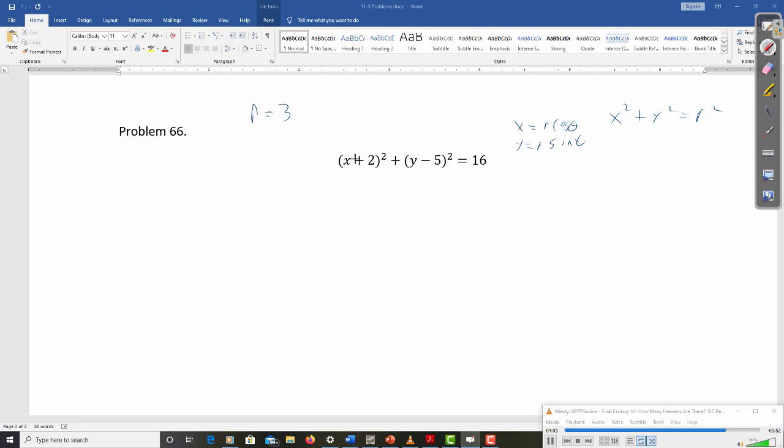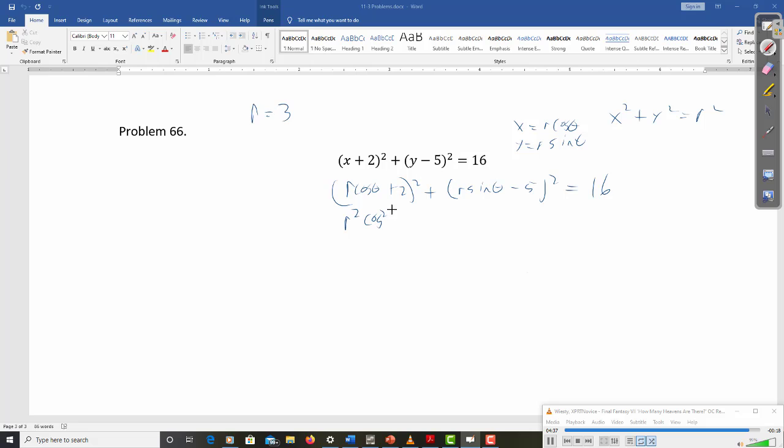First off, just plug in r cosine theta plus 2, squared, plus r sine theta minus 5, squared, equals 16. There's some simplification you can do if you multiply this out, so it's worth doing.